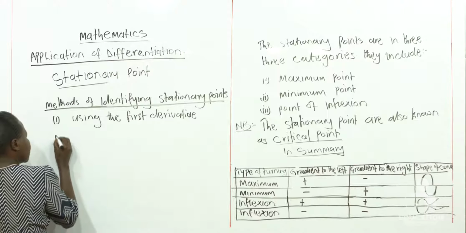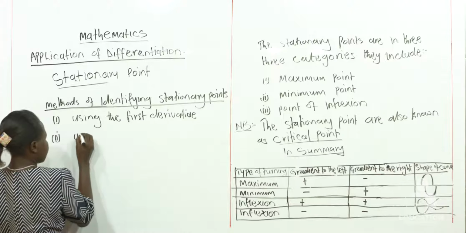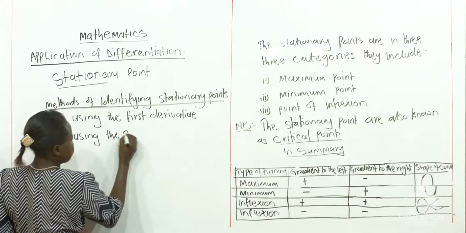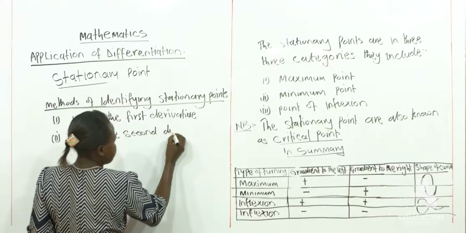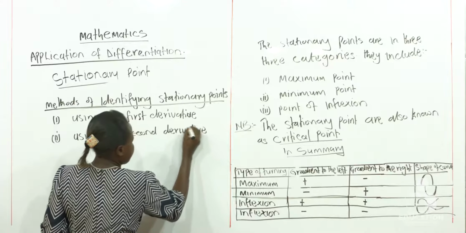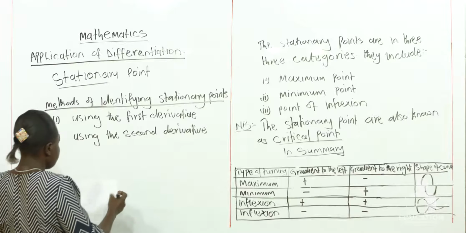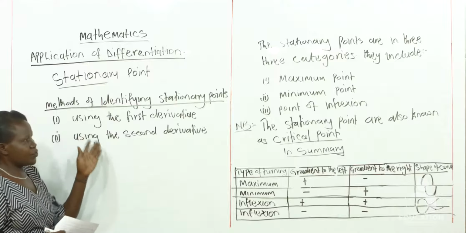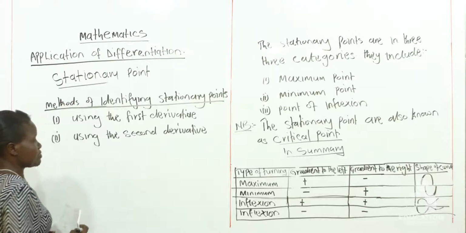Then two, using the second derivative. So those are the two methods that we can easily use for identifying the stationary points.